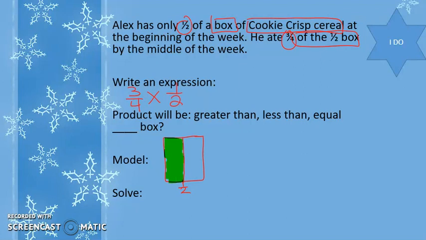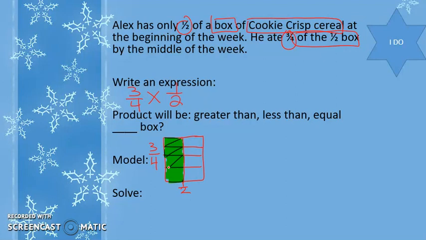And then we're going to break up our model in 4ths. And we're going to see that there are 1, 2, 3 out of those 4 parts that were used up.